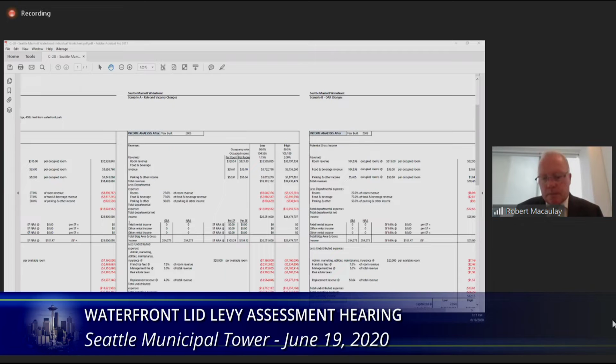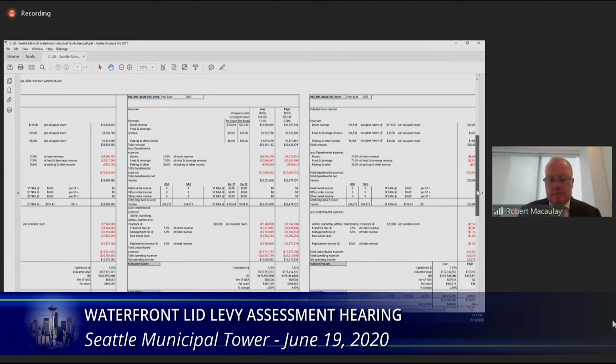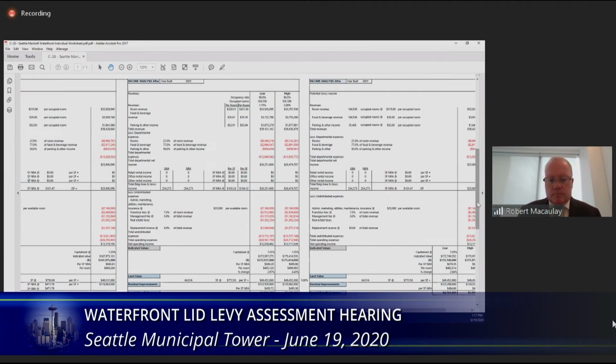Those are capitalized into two separate value ranges. Okay, and how do you do that, just so the folks can follow on? Yeah, similar to the before discussion, the capitalization rate is divided into the new net operating income. Okay, and what is the net operating income composed of?